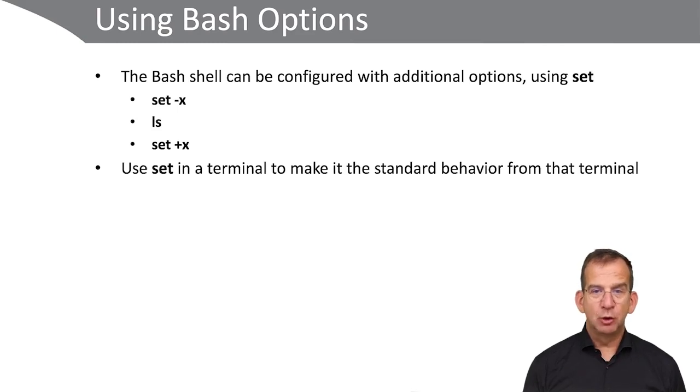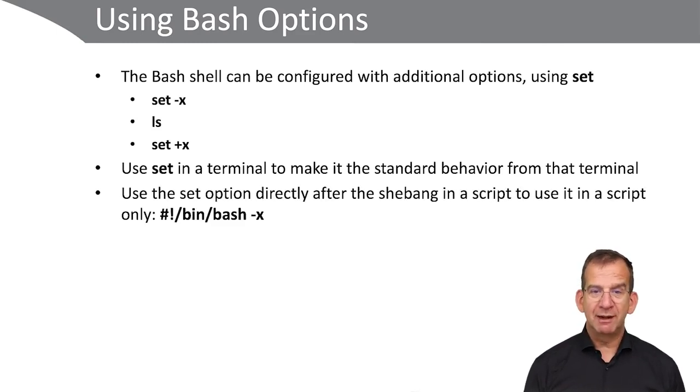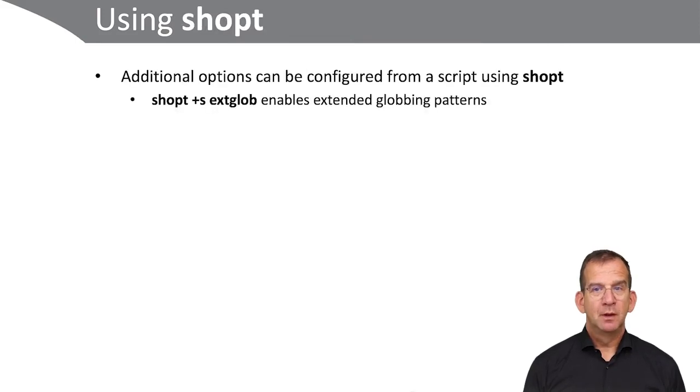You can use set in a terminal to make it the standard behavior from that terminal. You can even include it in one of the bash startup files to make it the standard behavior for your bash shells. Or you can set the option directly after the shebang in the script to use it in that script only. As in #!/bin/bash -x, which is really telling the script to run a subshell and apply the -x option in that subshell.